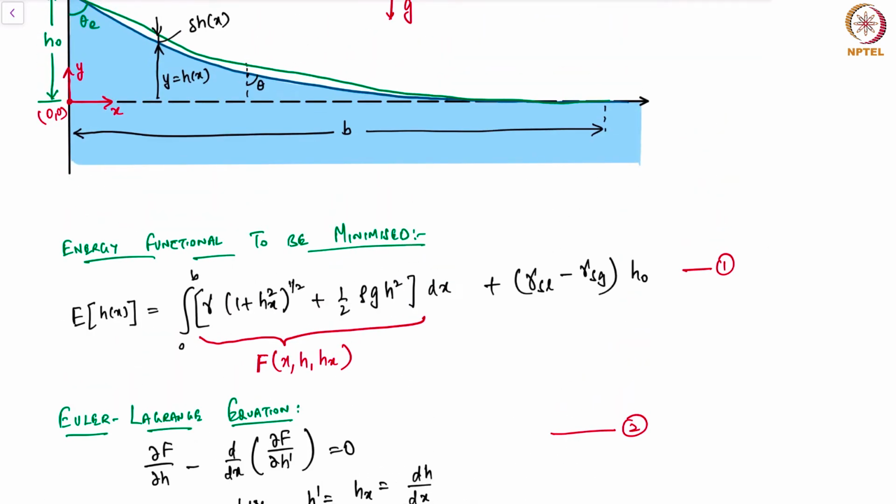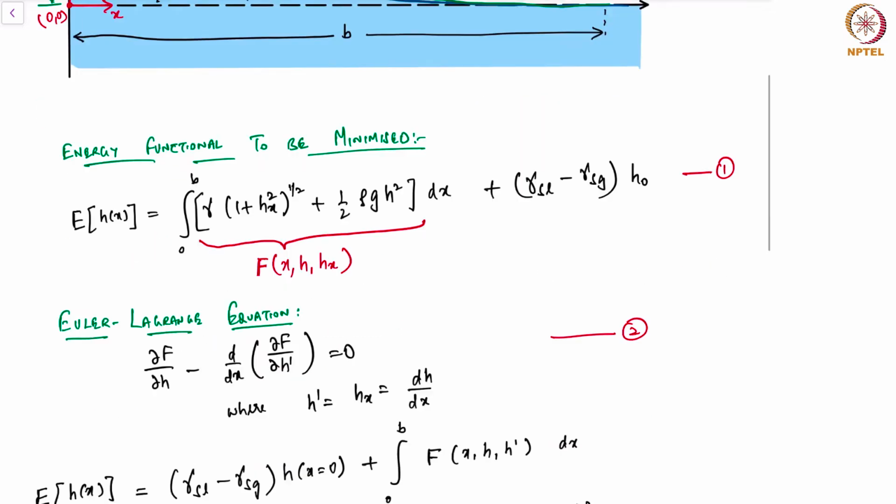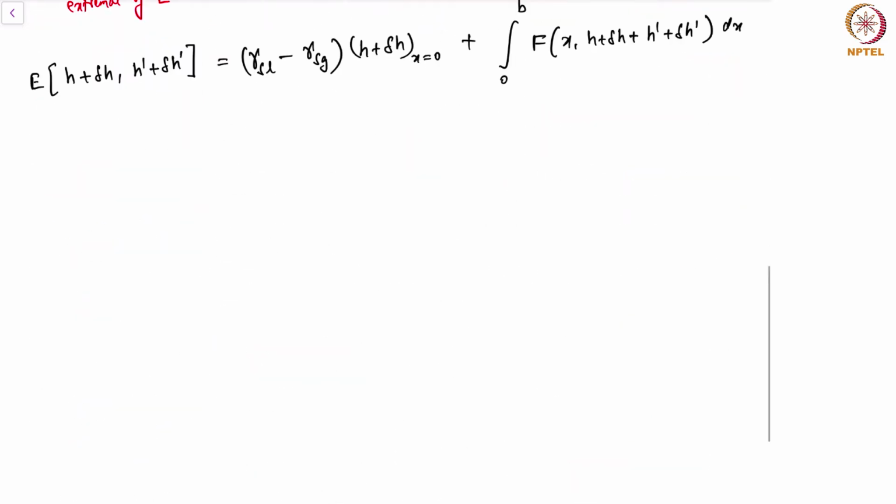And so the idea is that we want to shrink the size of this delta h to 0. And when we do this, my interface shape will coincide with the extremal shape. Okay. So now I can just say variation in E. I'm taking a slightly different approach to what we had done in the previous lecture, but essentially the idea is the same.